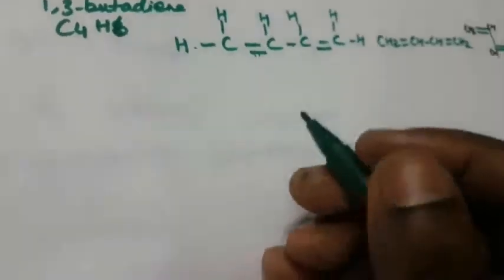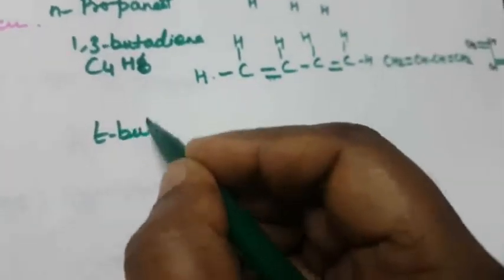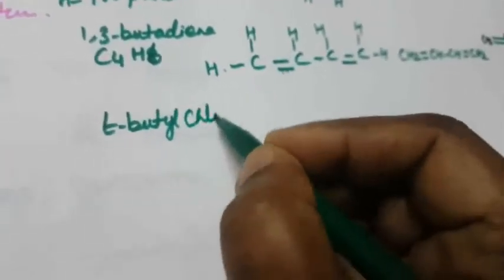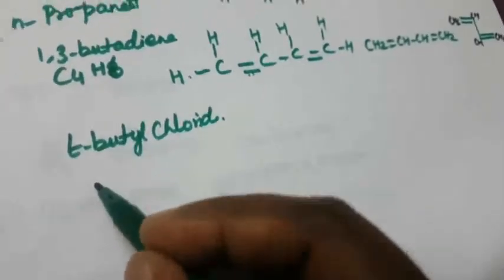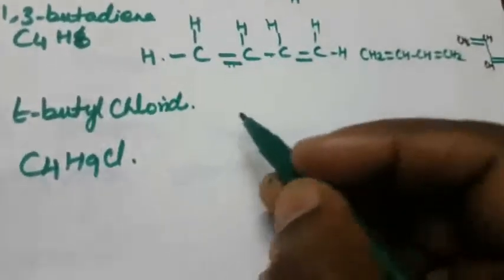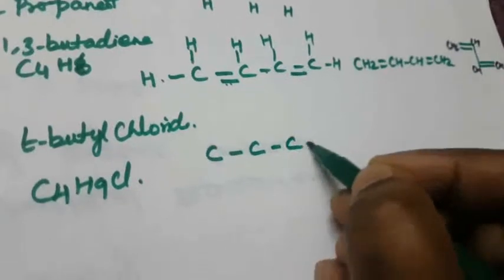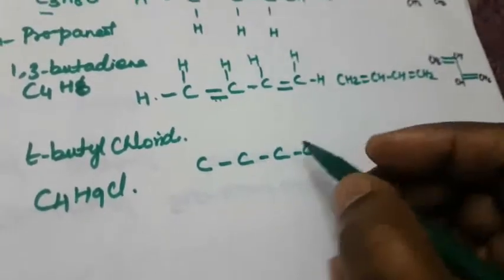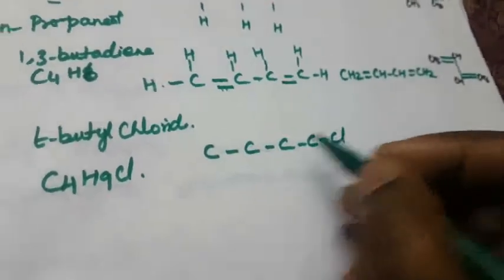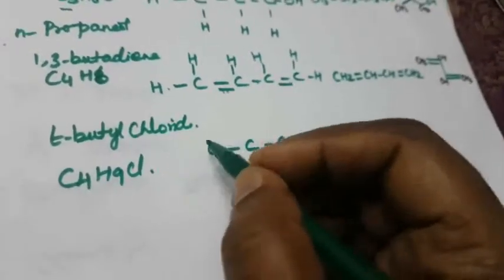Next one is tertiary butyl chloride. What is the compound? Molecular formula C4H9Cl. C4 means 4 carbons, 1, 2, 3, 4, and 1 chlorine. Tertiary butyl. So how to fill the remaining? Each carbon contains 3 hydrogens.